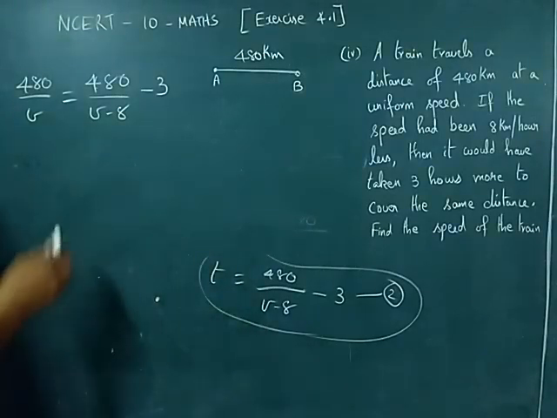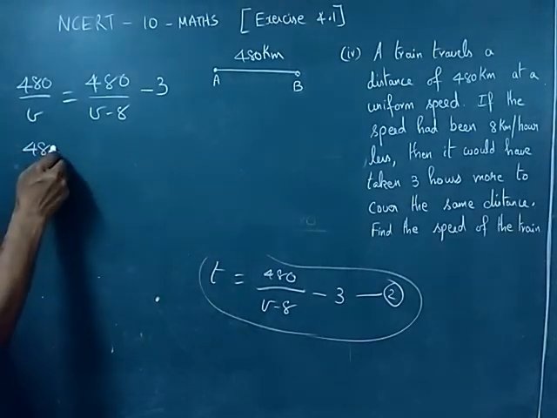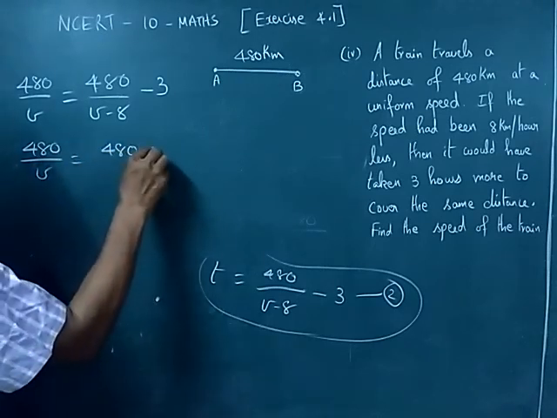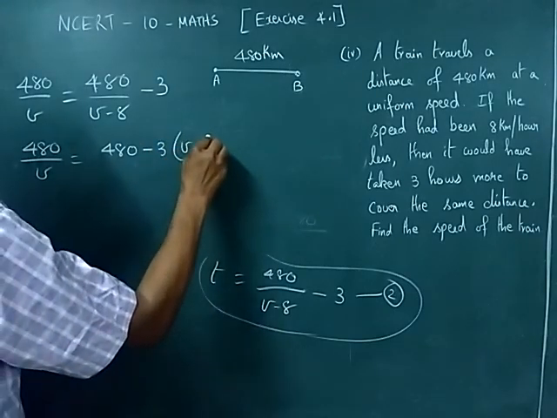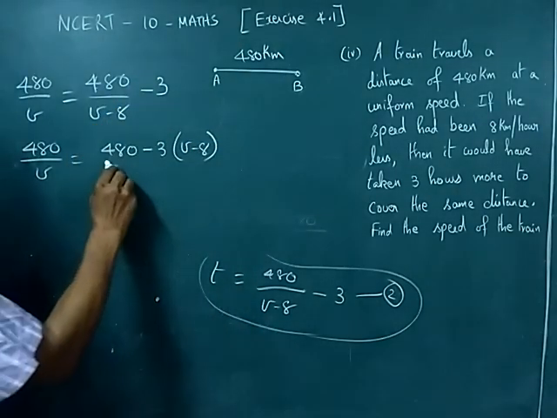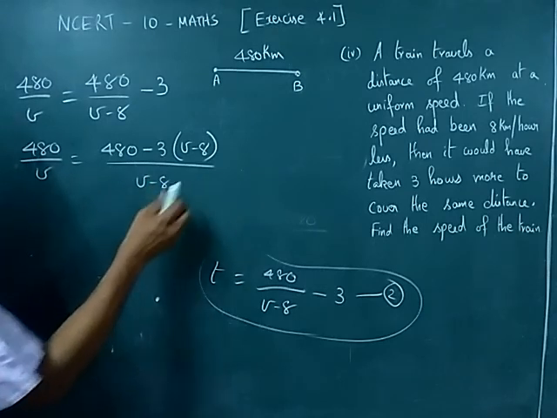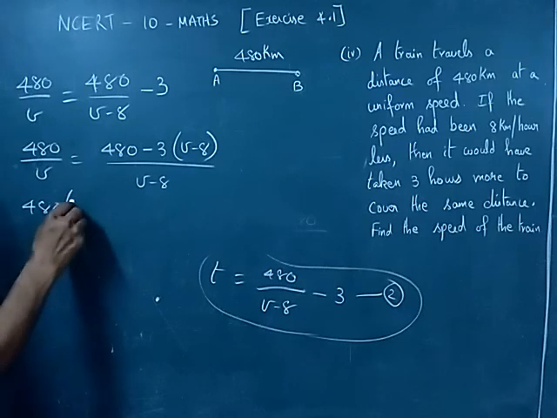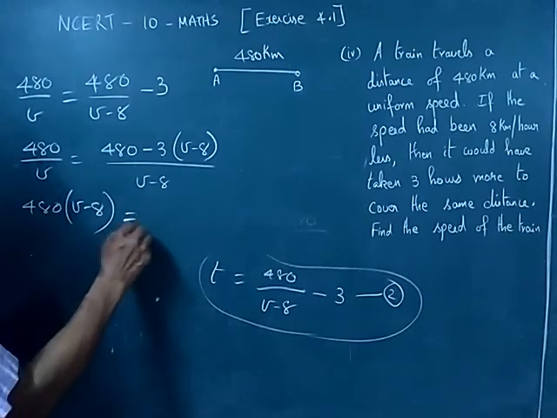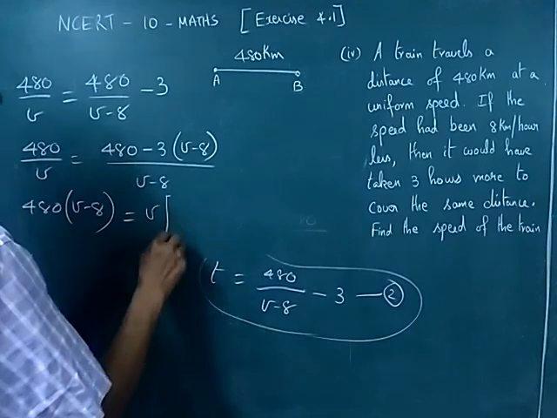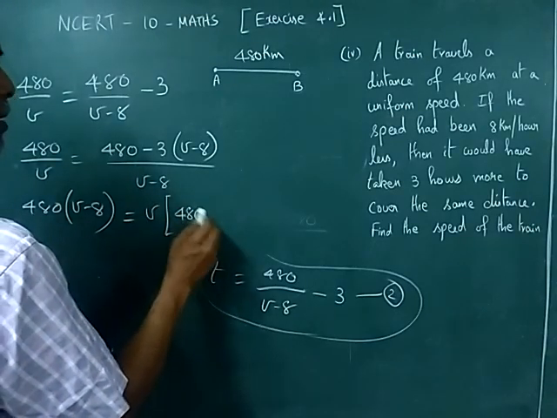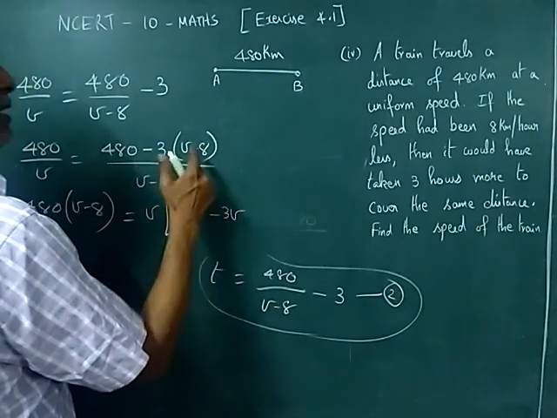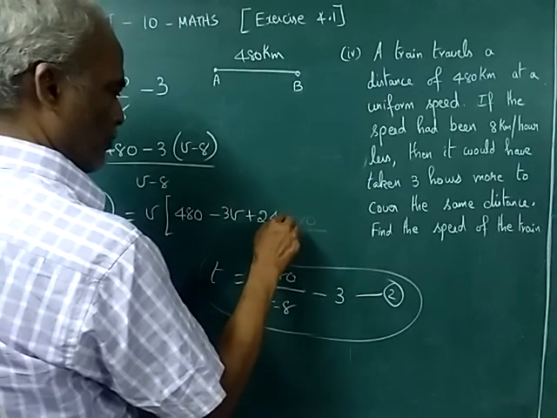Now we will take LCM. 480 by V is equal to 480 minus 3 into V minus 8, divided by V minus 8. Now we cross multiply. 480 into V minus 8 is equal to V into 480 minus 3V, minus into minus plus, 8 3s are 24.